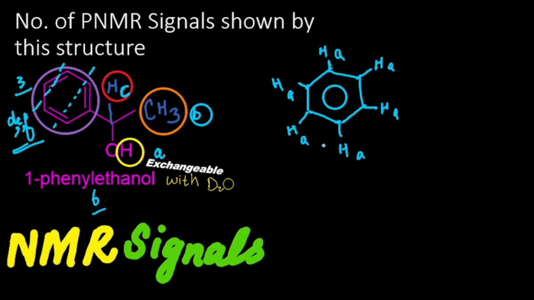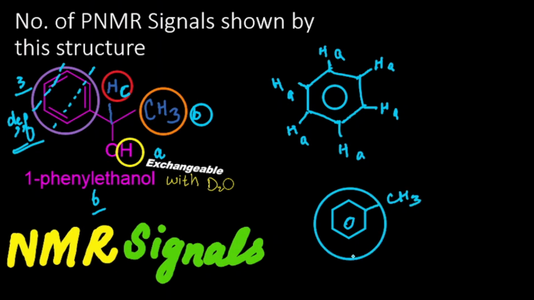They only give us separate signals because they are attached with some kind of functional group, and this functional group is somehow affecting the benzene ring, by resonance or by an electron withdrawing or electron donating structure. If only alkyl groups are attached to the benzene, like this, if I draw here, this is your benzene structure, and only the methyl group is present, this multiplet is not that separate.